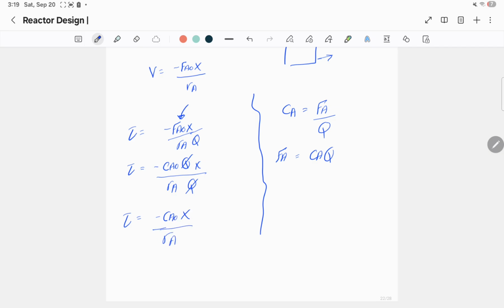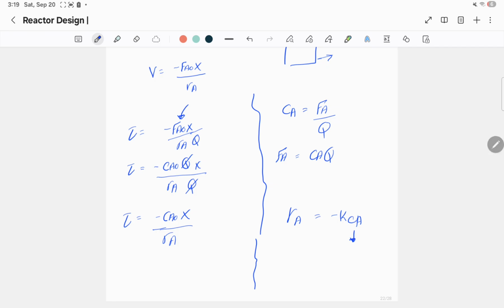For our rate of reaction, we'll use a first order rate of reaction for this example, which equals negative K times CA. Negative because A is a reactant which is being consumed.